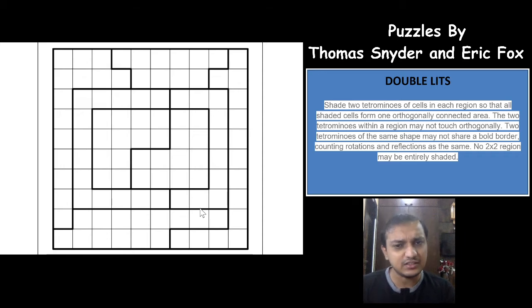There are exactly 10 cells in this region, and each tetromino takes 4 cells, which means a total of 8 cells will be used by the tetrominos in the region, and you'll have one cell in between which has to be white, differentiating the two tetrominos that cannot touch each other orthogonally.